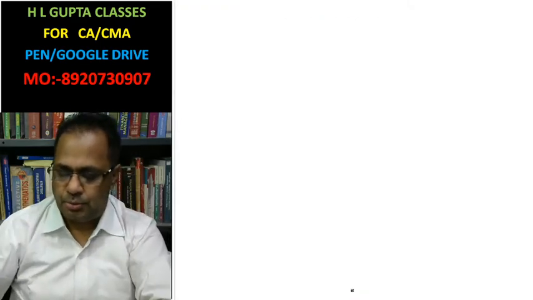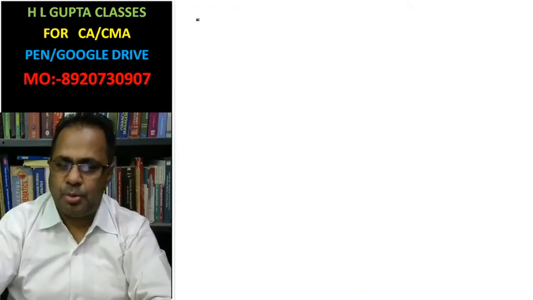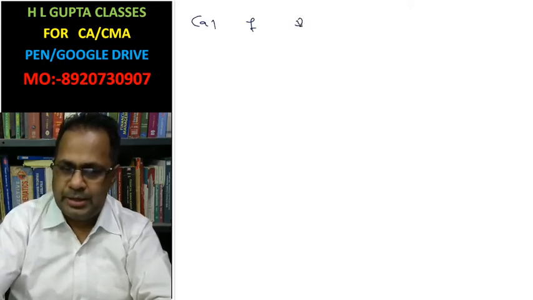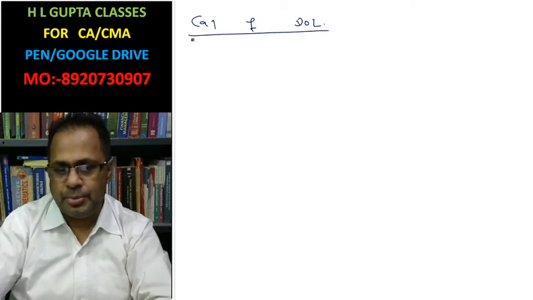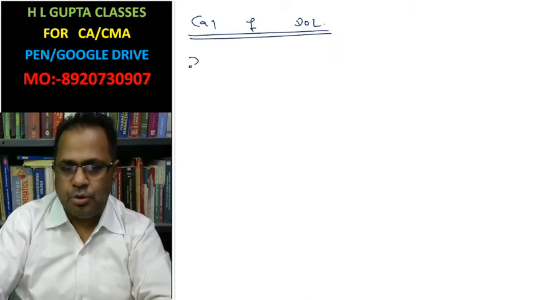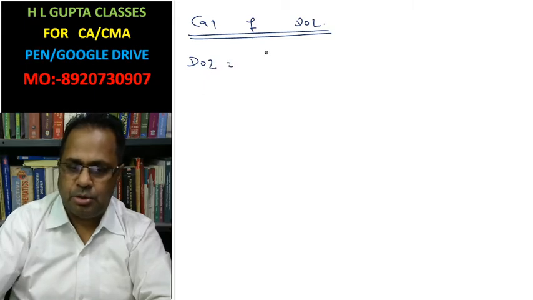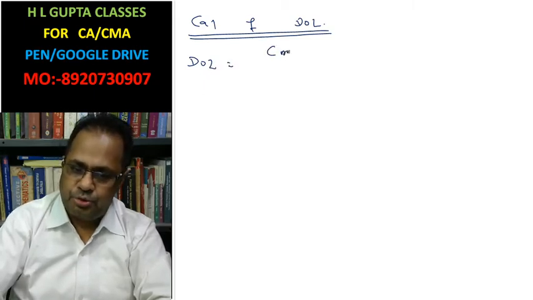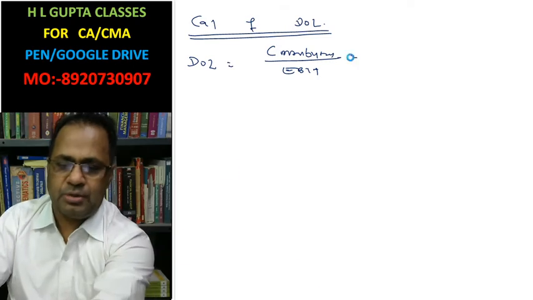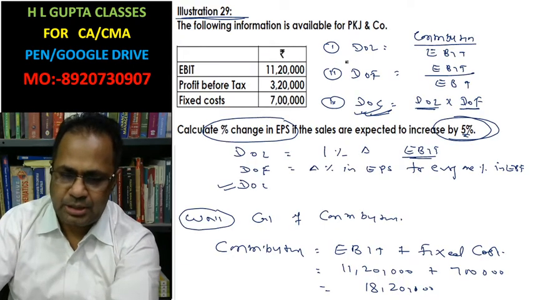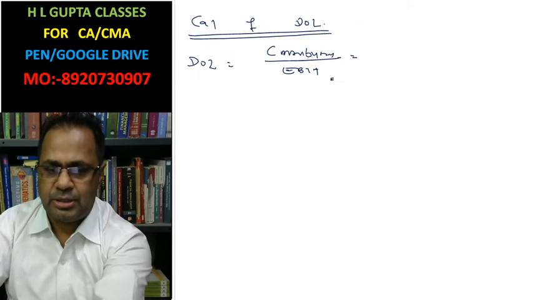Now we can calculate degree of operating leverage. Degree of operating leverage equals contribution upon EBIT. Contribution we have already calculated as 18 lakh 20,000, EBIT is 11 lakh 20,000.